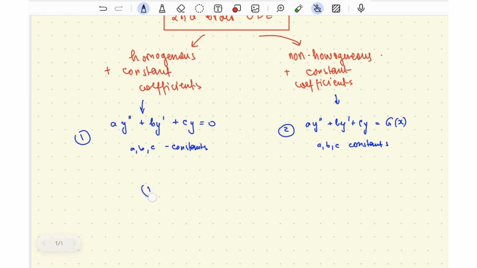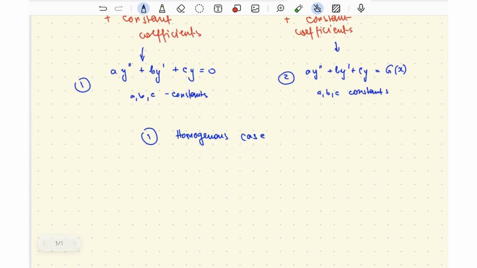So let us say one, the homogeneous case, and I will start with it at the very beginning.